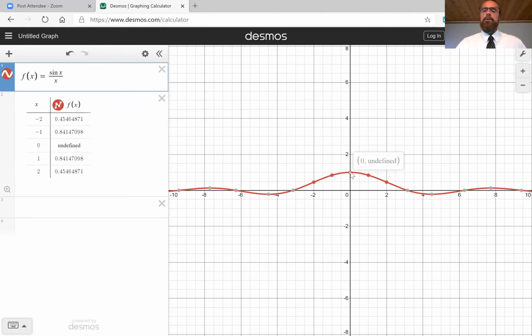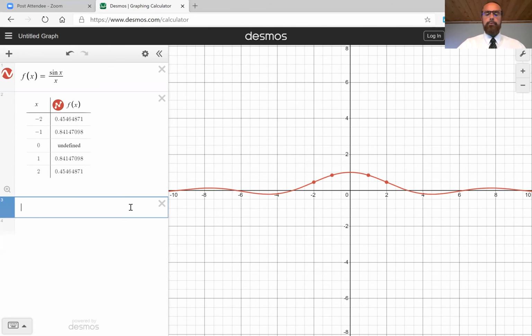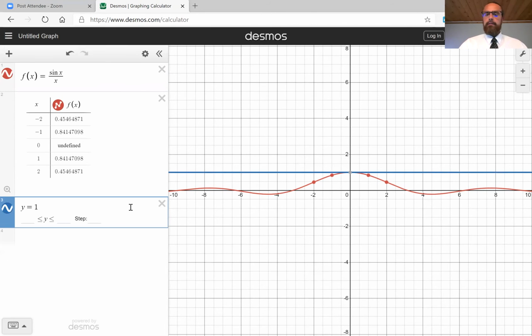And at 0, it's undefined. If I pass over to the right side, think about it as a right-hand limit, at 0.02, it's 1. So even though this function, sine of x over x, is undefined at 0, it really looks like it has the y value of 1. And if I put in that function, I can definitely see it there. It's attaining the value of 1 at the y-axis, even though at that very point it's undefined.